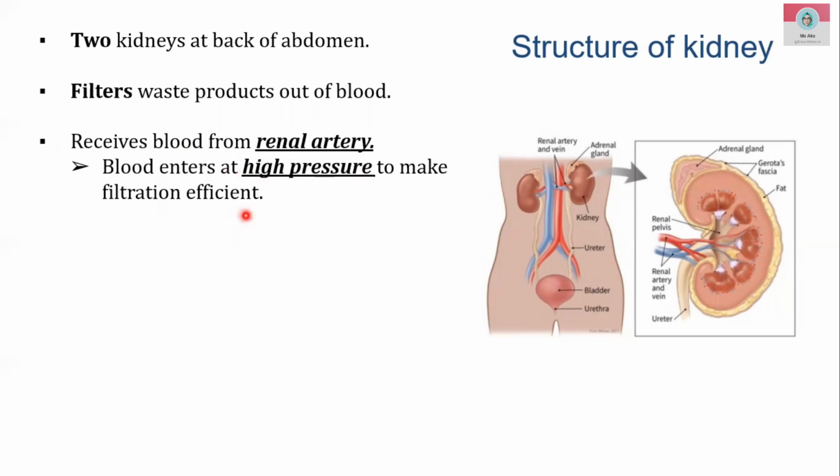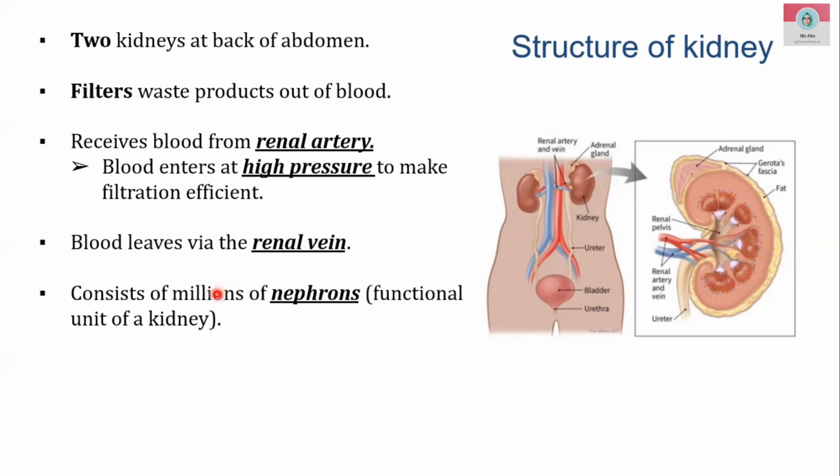We will see how the filtration happens, and how the filtrate forms in our glomerulus later on. The blood will leave via the renal vein. Within our kidney, as I just mentioned, there are millions and millions of nephrons, which are the functional unit of the kidney, the most important part of our kidney.